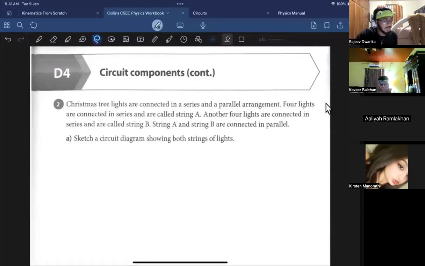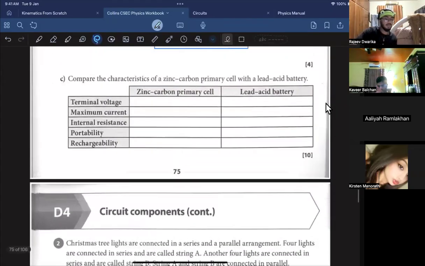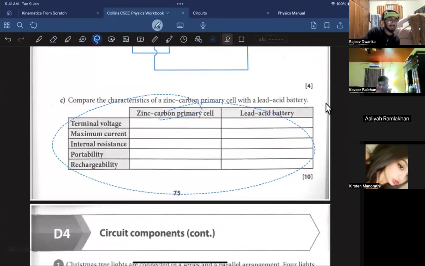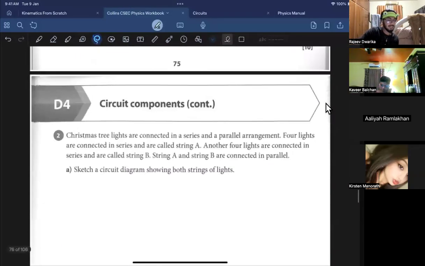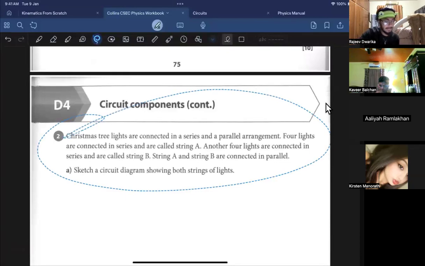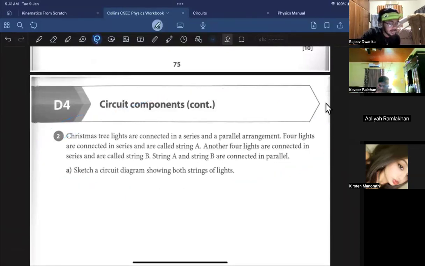So Aliyah, I want you to read D4, question 2, quickly. Christmas tree lights are connected in a series, oh wait, a parallel. We'll do these questions next class.